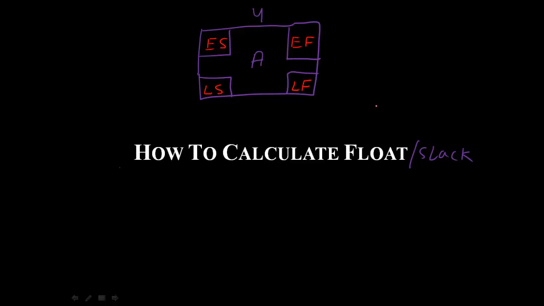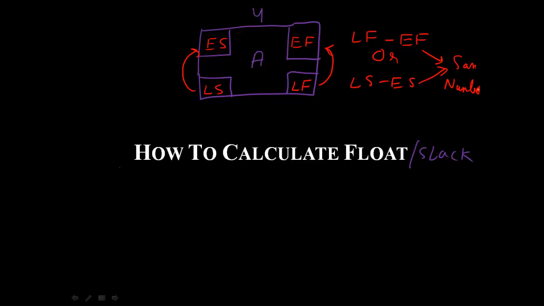So the formula for float is LF minus EF. Similarly, there are two formulas, you can say: the other is LS minus ES. Both of these would be the same. Either you calculate LF minus EF or LS minus ES, it would be the same number, which is known as float or slack.